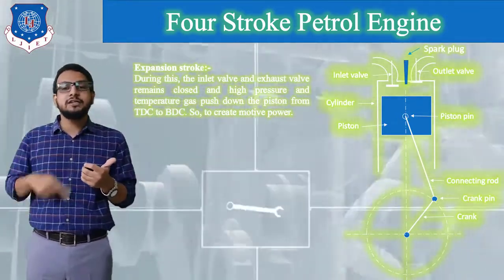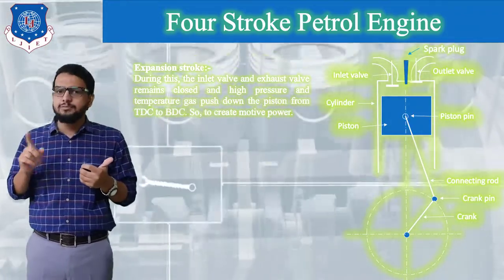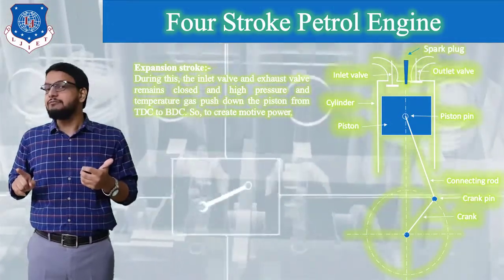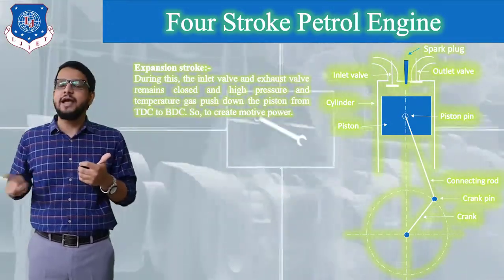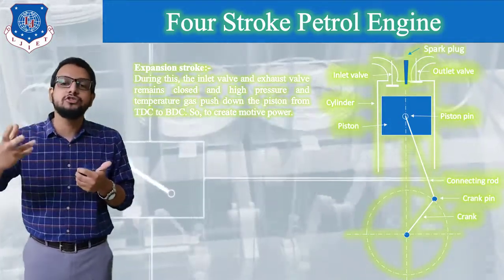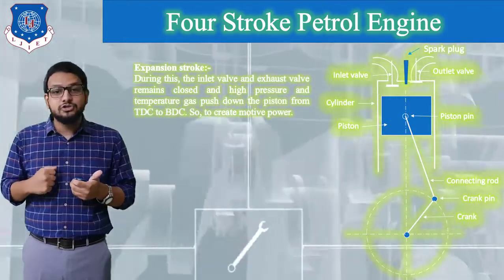That is, it continuously rotates and will maintain a constant average speed of the crankshaft. So during this power stroke, the flywheel will store the additional energy and will supply this stored energy during the remaining strokes, that is exhaust stroke, suction stroke and compression stroke.